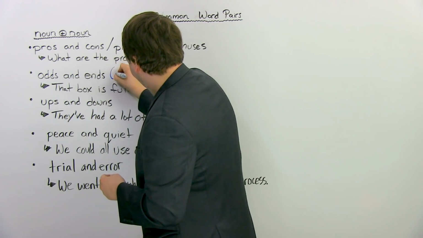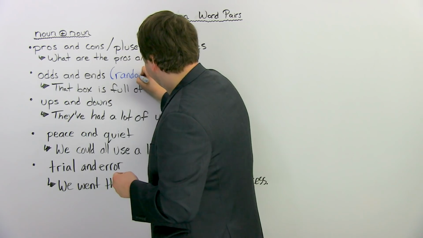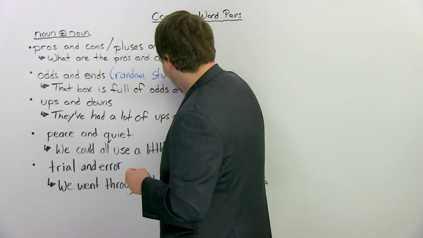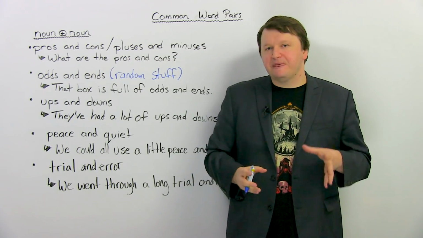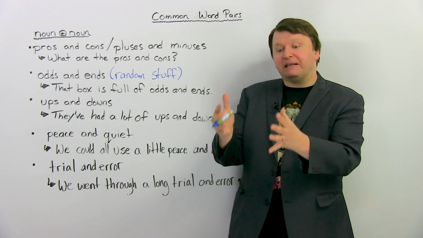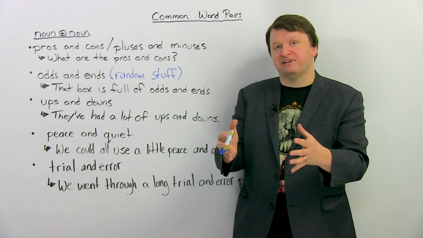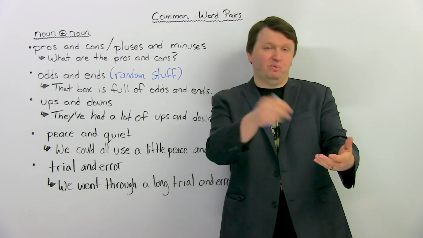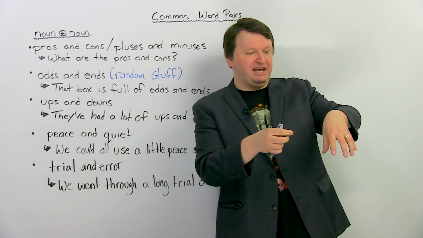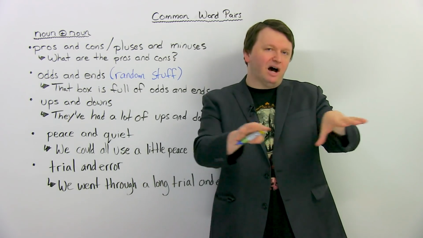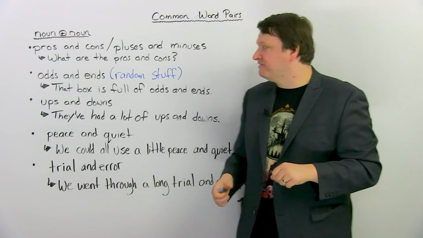So I'm just going to put random stuff or random junk. Basically, things you don't have a set place for in your house, so you just put it in one area. Yeah, the batteries, the paper clips, the tape, the pencils, odds and ends, just random stuff.